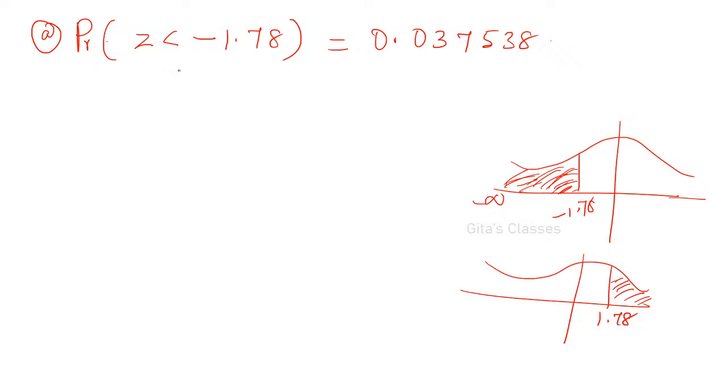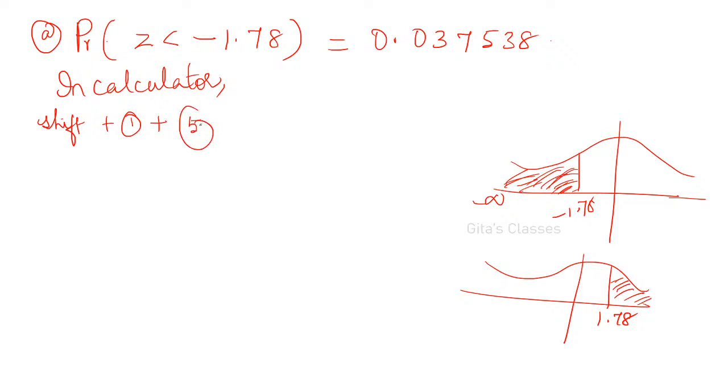If you are using P, then minus 1.78 in the calculator. Actually, you have to use shift 1, then 5. 1 is for stat. This 5 is for distribution.